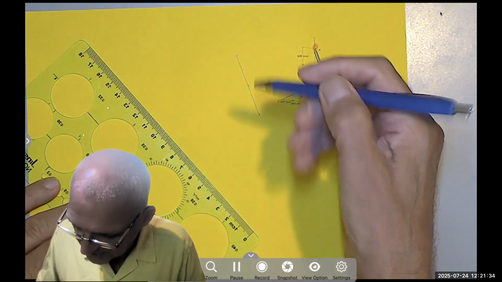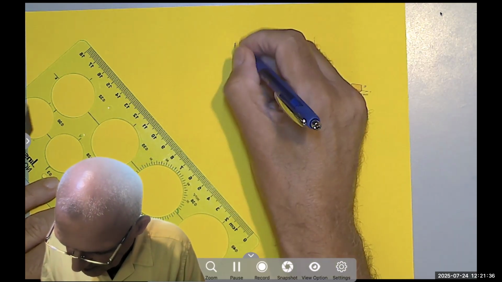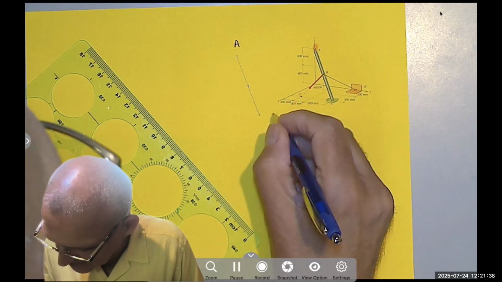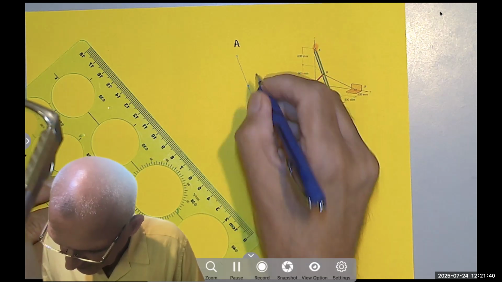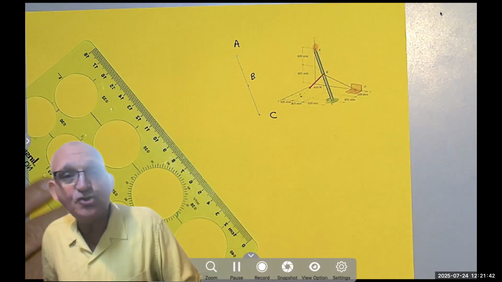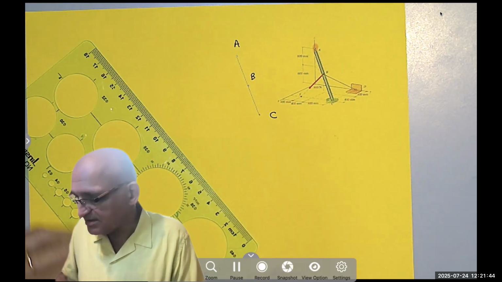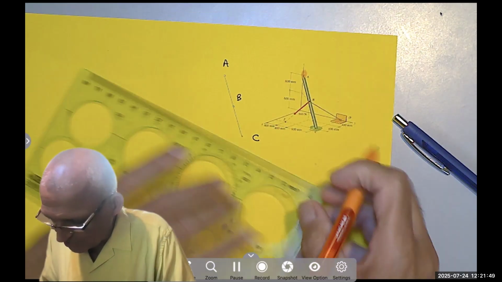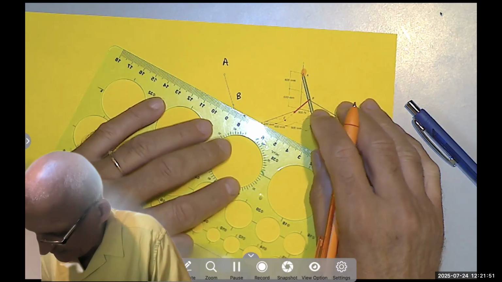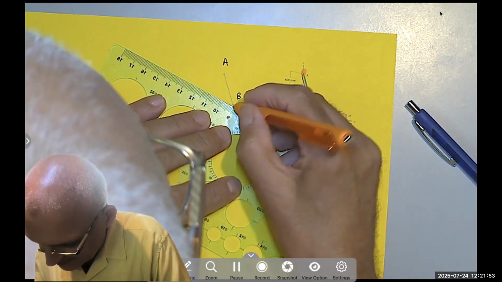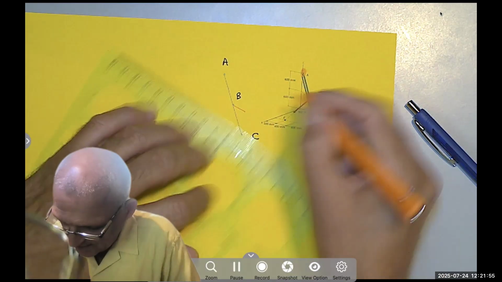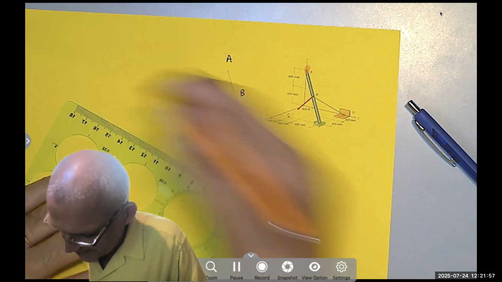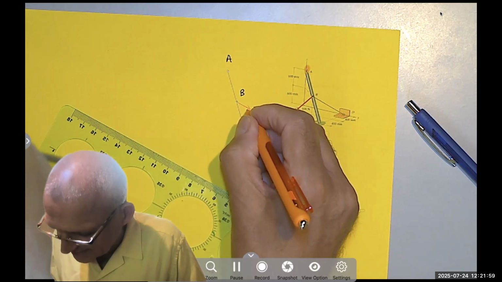Okay, I have point A on the top, point C here, point B. There are also two more points that I'm interested in. Okay, so let's draw. I should have drawn it further there, but I just wanted to have enough space for writing.